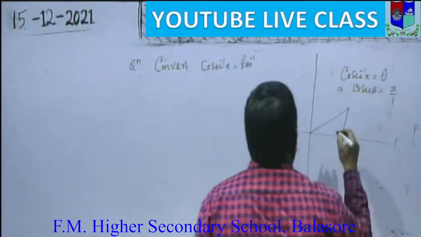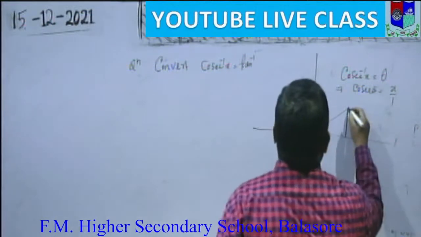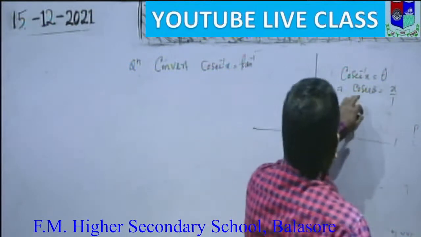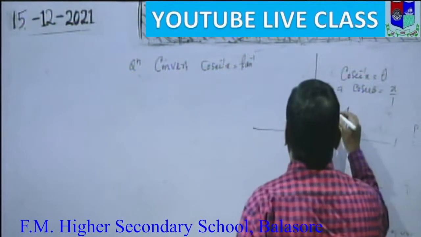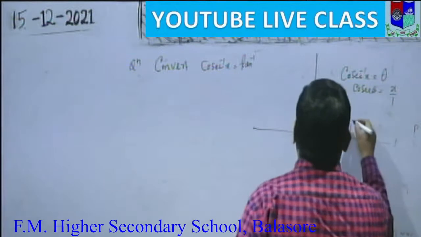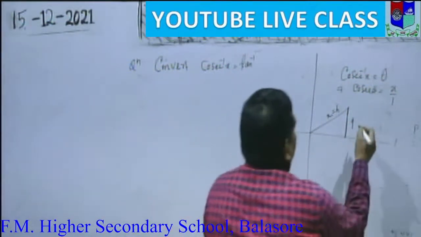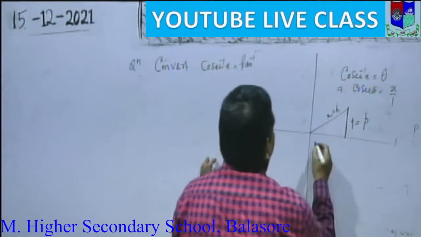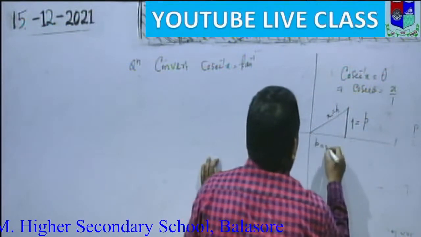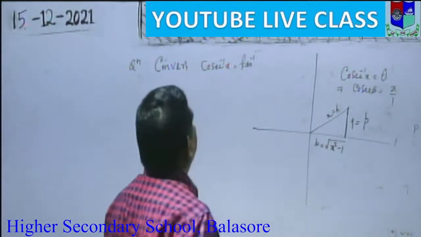Using Pythagoras theorem, this is your hypotenuse, this is your 1. Since this is your p and this is your h, b is root over of x square minus 1.